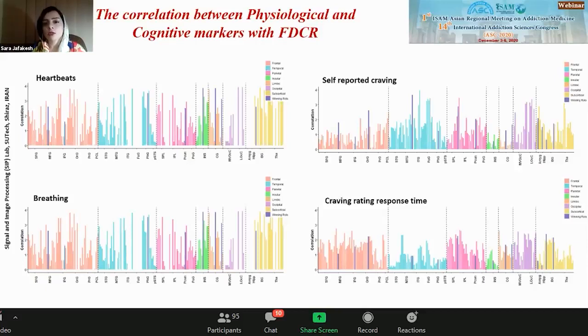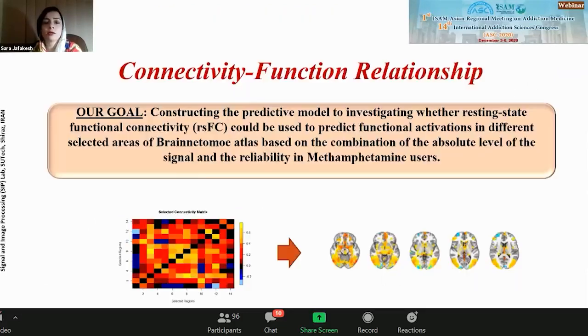And also we correlate them with cognitive features like self-reported craving and the time it took for the people to rate their craving. And as we can see, our selected regions in most of the areas have a high correlation with these markers.